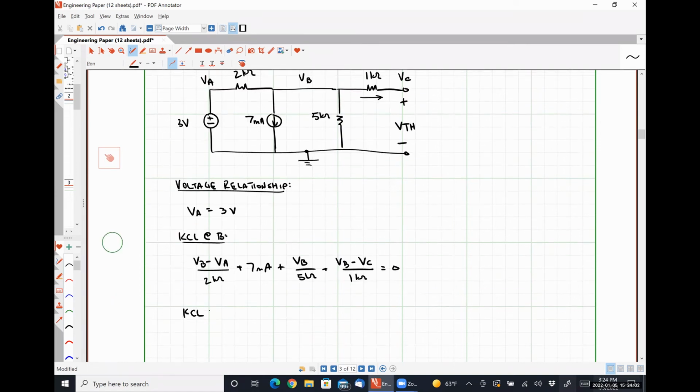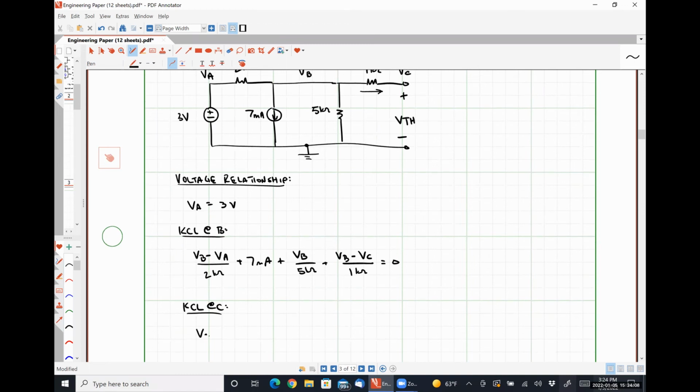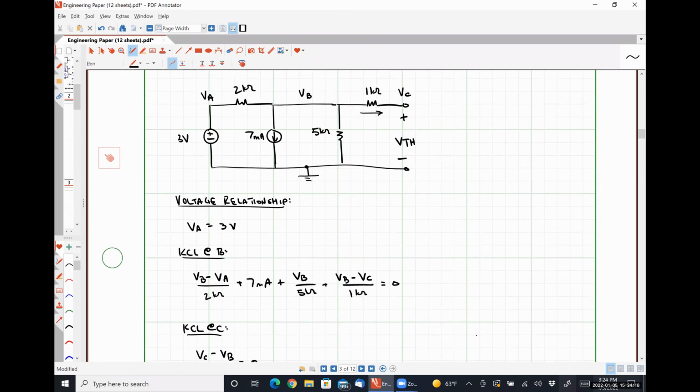And KCL at C tells us that VC minus VB over 1 kilo ohm is equal to 0. We know that there's no other way for current to flow, right?